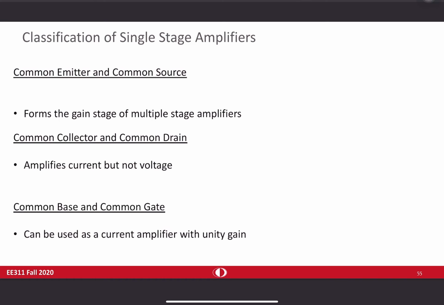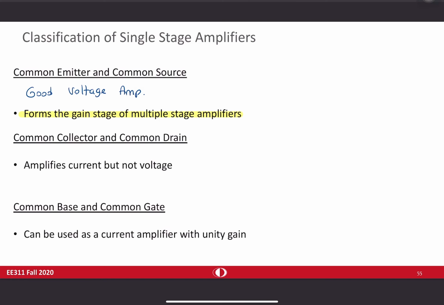So to repeat once more, common emitter and common source amplifiers are good voltage amplifiers, and they form the gain stage of the multiple or multi-stage amplifiers.